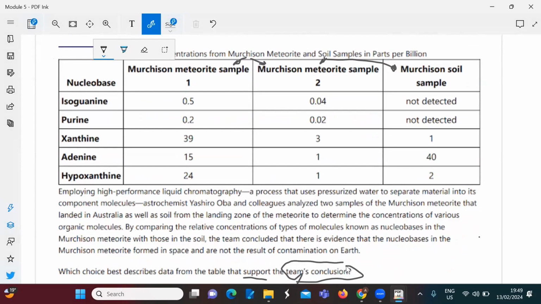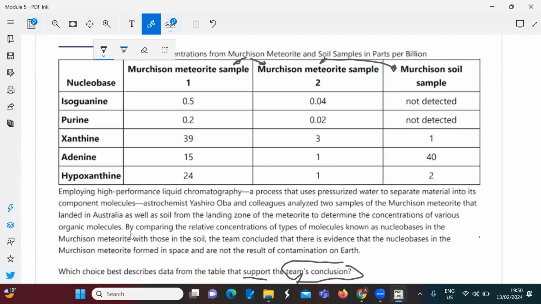Can you go to the team's conclusion? Would it be in the first part or the last part? In the last part. Can you see "the team concluded"?